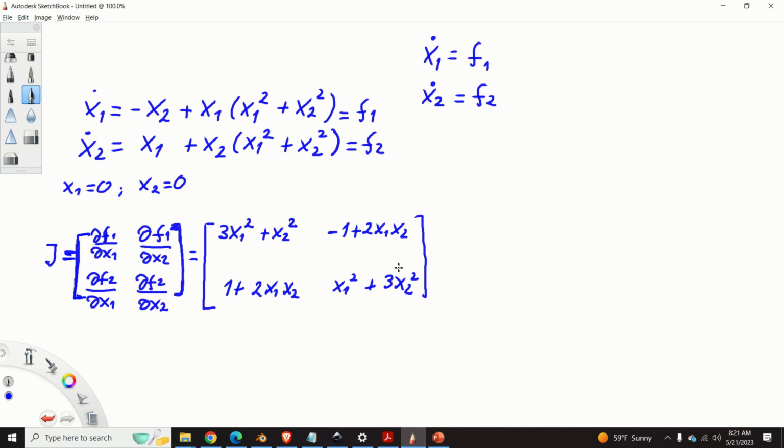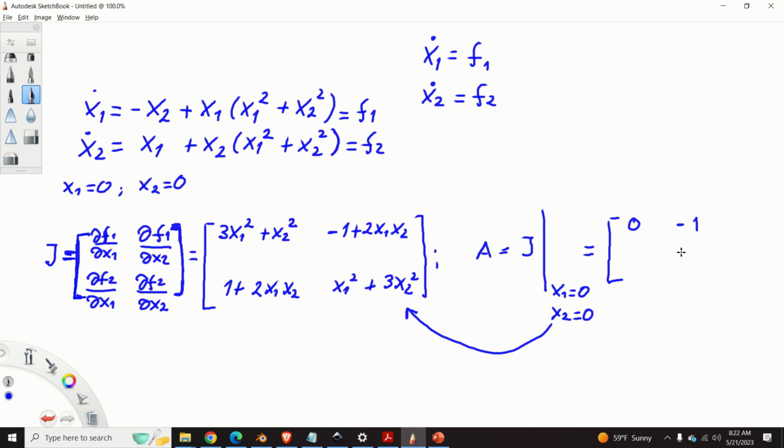The matrix A of the linearized system is obtained by evaluating the Jacobian matrix at the equilibrium point x1 equal to 0 and x2 equal to 0. Once we substitute x1 equal to 0 and x2 equal to 0 in our Jacobian, we obtain this matrix A: 0, minus 1, 1, 0.